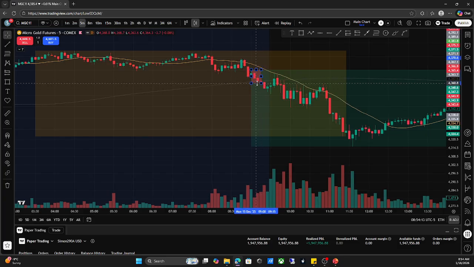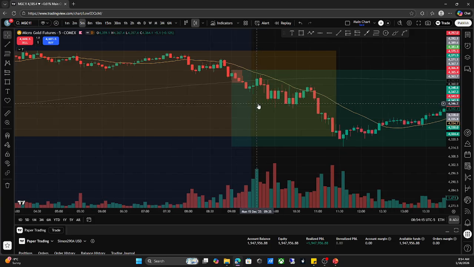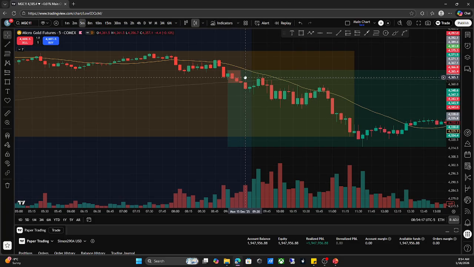$15 right there. Extend across. Break down, rejection, color change, enter. Color change.